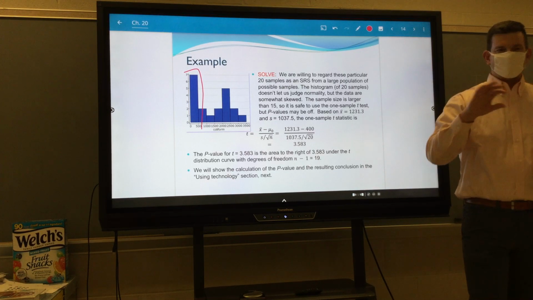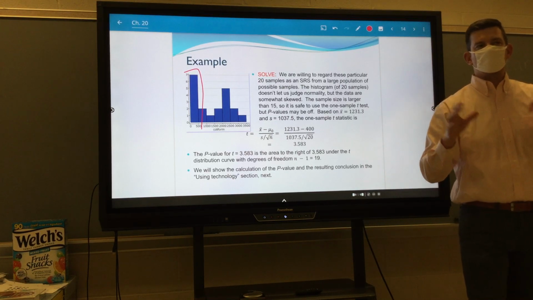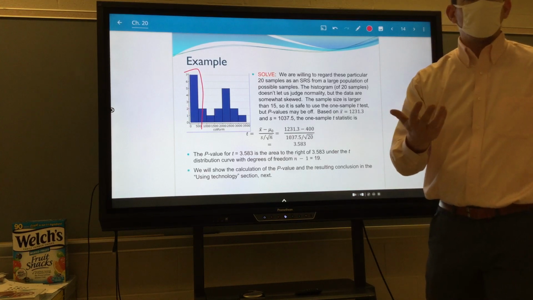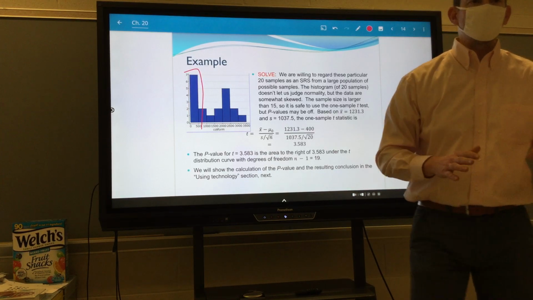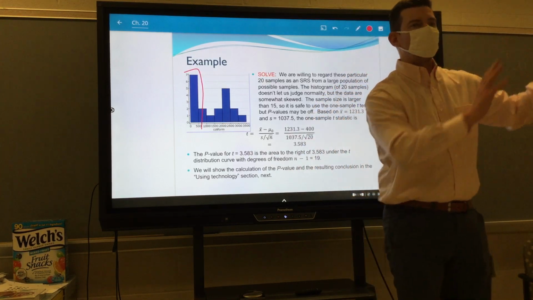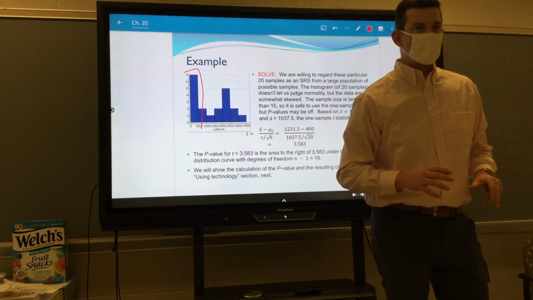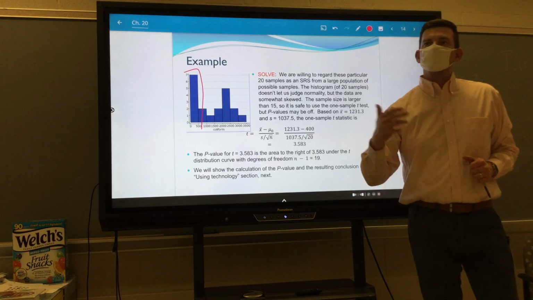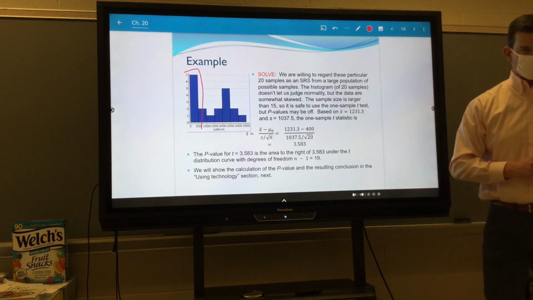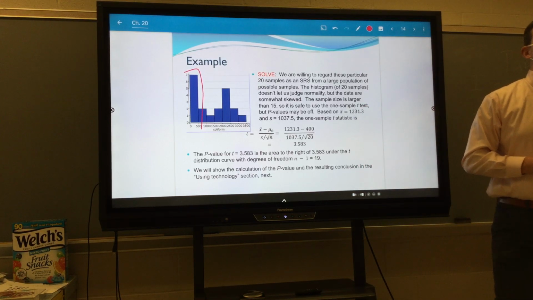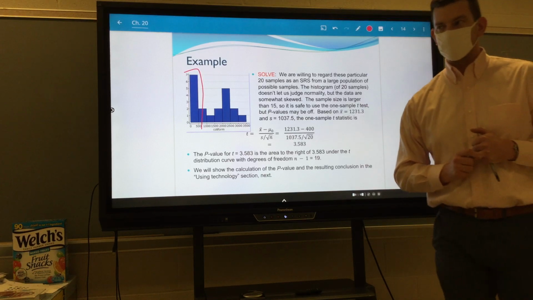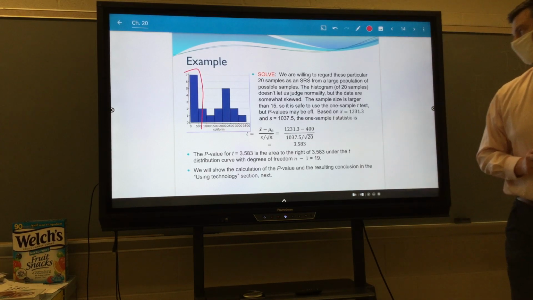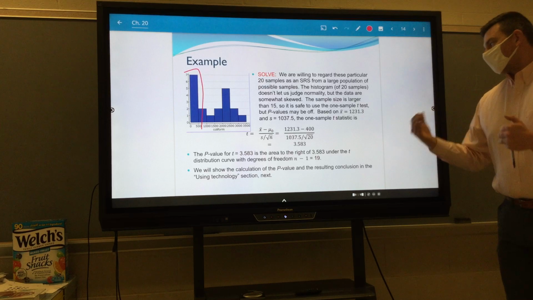Meaning that the conditions are what they are. There's no red flag that we definitely cannot do this. But we know that we want to be reserved with our conclusions and maybe take it into consideration when setting the alpha level of significance. Okay? So we continue on.